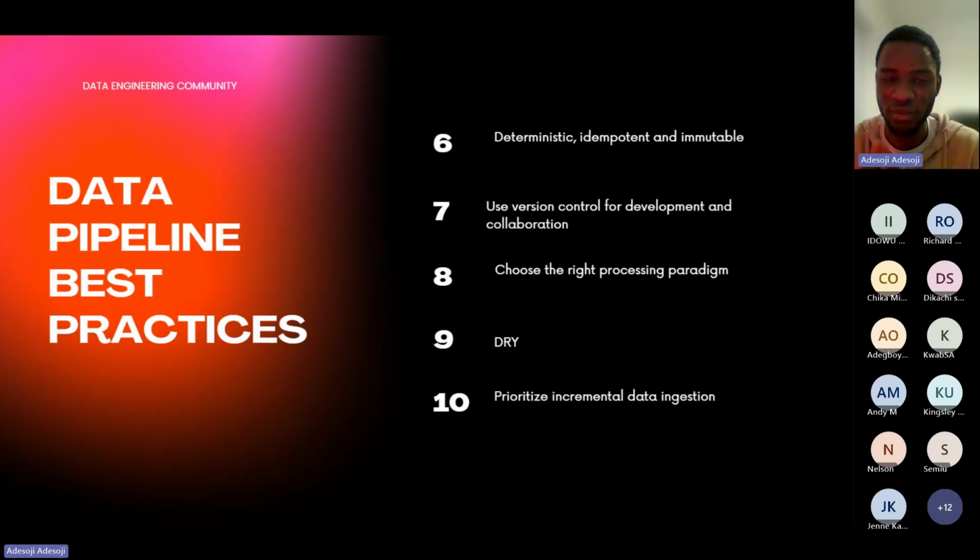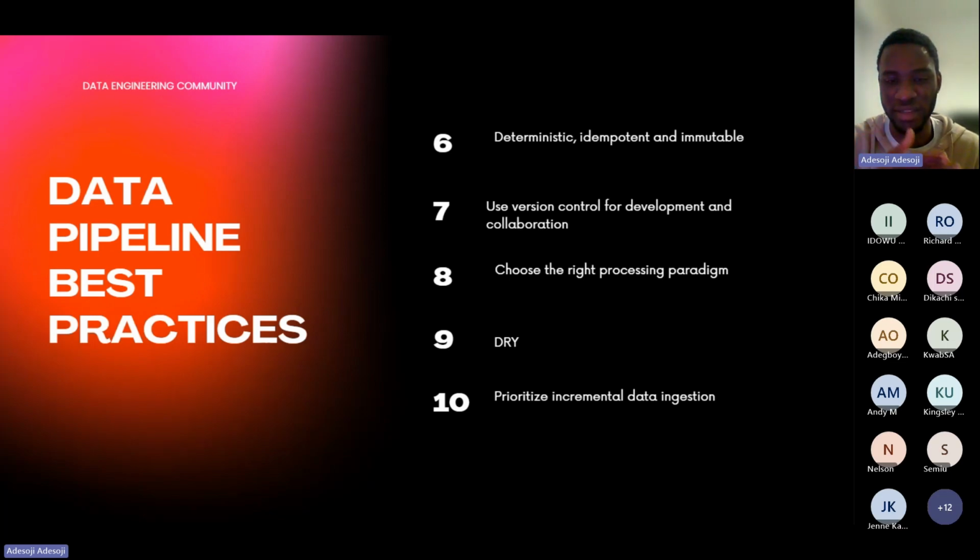Prioritize incremental data ingestion. This is very important. Incremental data ingestion simply means ingesting the difference between the last ingested data and the current data. So if you have 1,000 records in your base table, and after some time it has increased to 1,100 records, you don't want to ingest 1,100 records because you already ingested 1,000 initially.